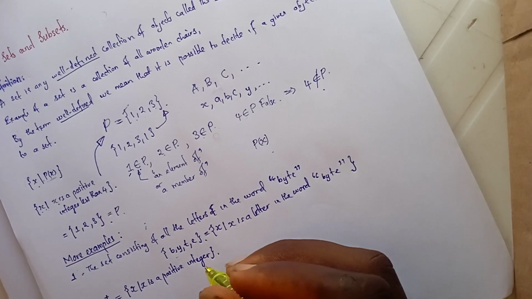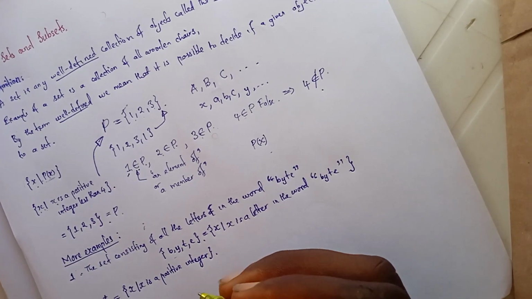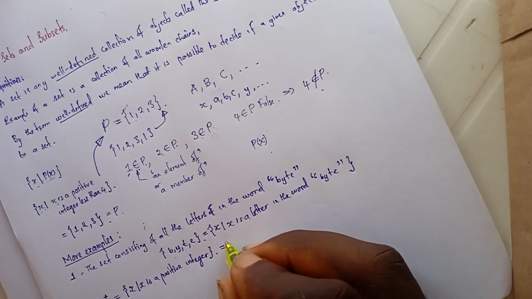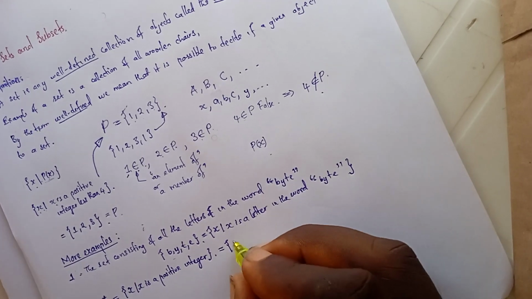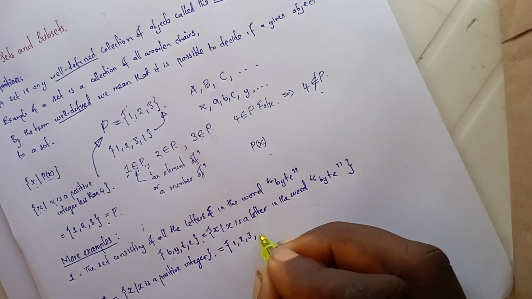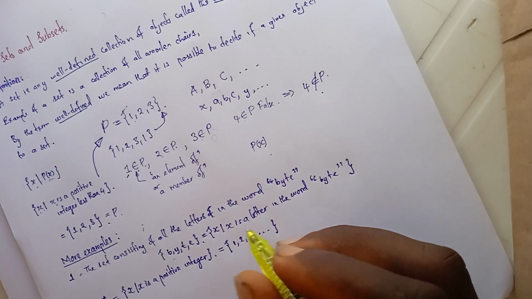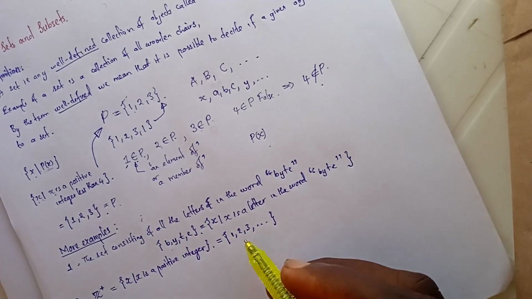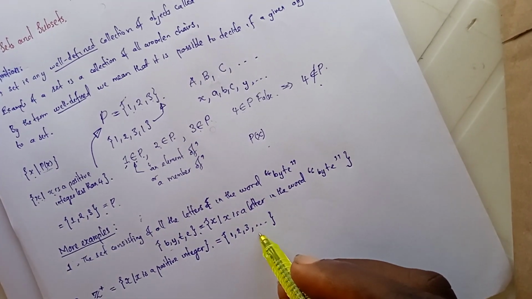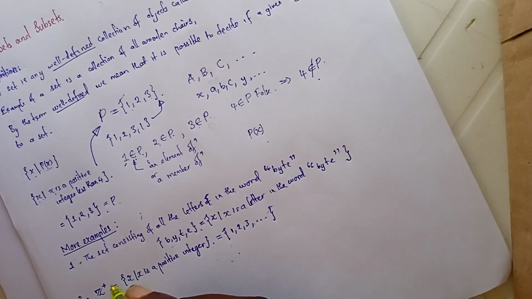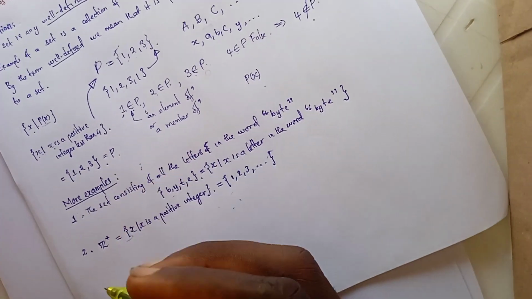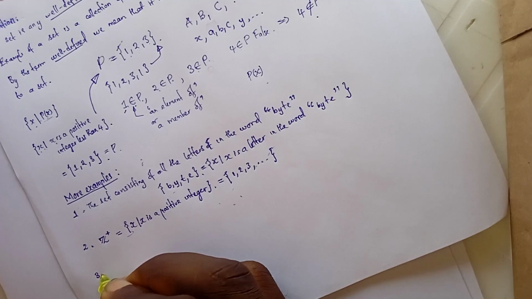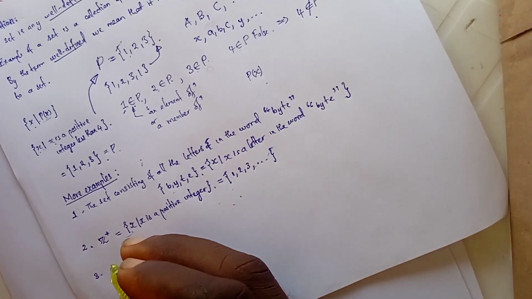Now this set consists of all counting numbers 1, 2, 3 till infinity. So if you are to list all the members, this is what we'll get.